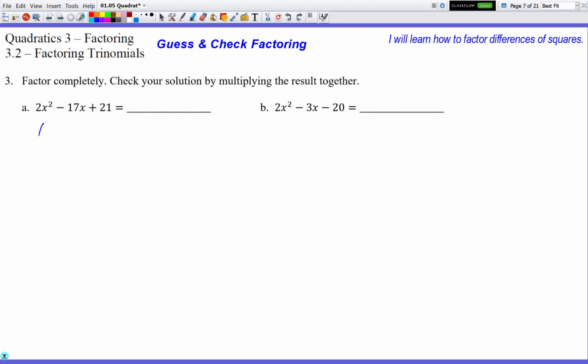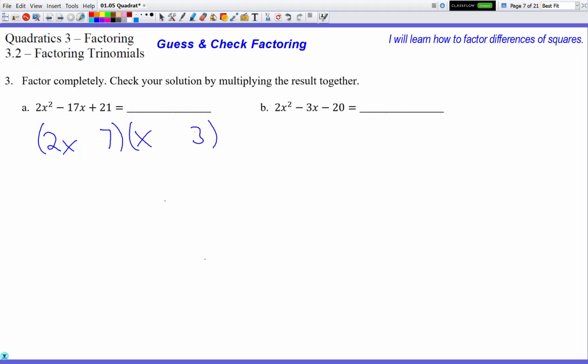I'm gonna still do 2 sets of blank parentheses, and I'm gonna put the numbers in the front that are in charge of making 2x squared. So what numbers make 2x squared? Well, 2x and x make 2x squared. Okay, and like I said, I'm going to guess wrong on the first try getting the numbers for 21 and negative 17. Okay, so I'm just going to put 7 and 3.